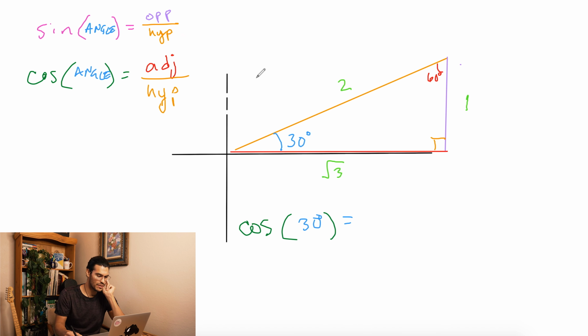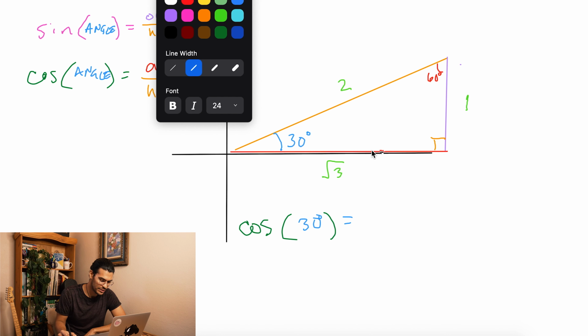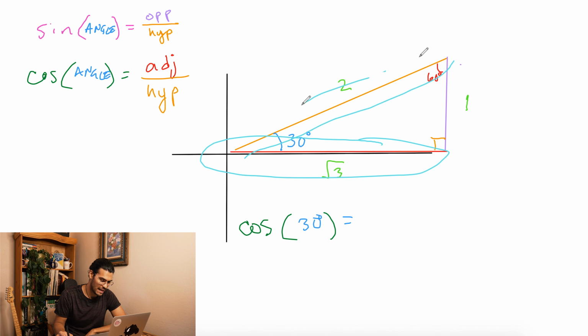Well, if we look at this 30-degree angle, an angle is created by two lines that meet somewhere. And the angle is the degrees or radians of the separation between those two lines, right? In this case, we have 30 degrees. But that angle has to be made by two lines that meet, okay? Well, the two things that meet to form this 30-degree angle are that side and that side.